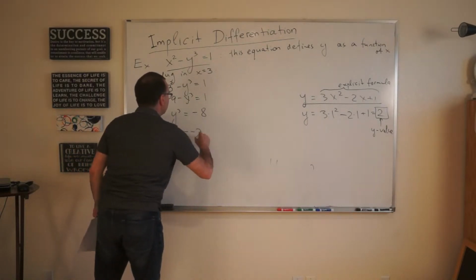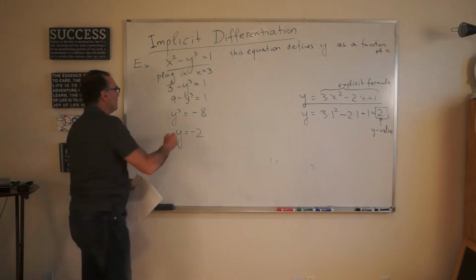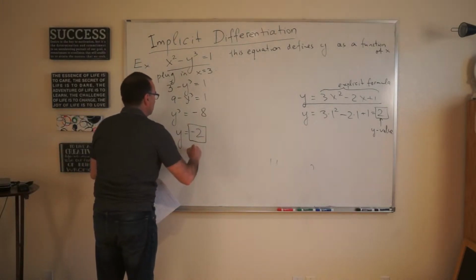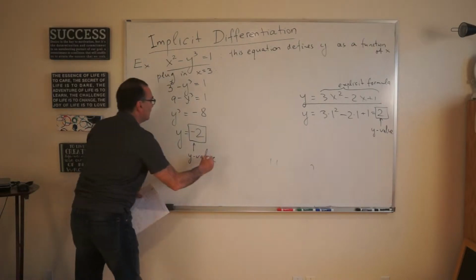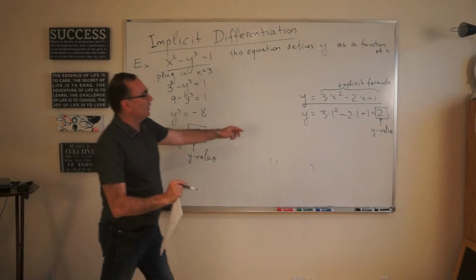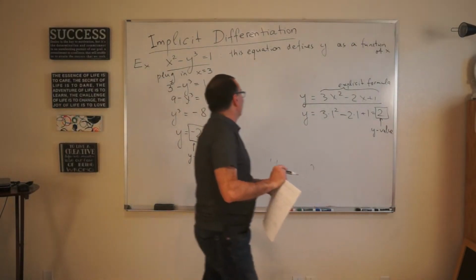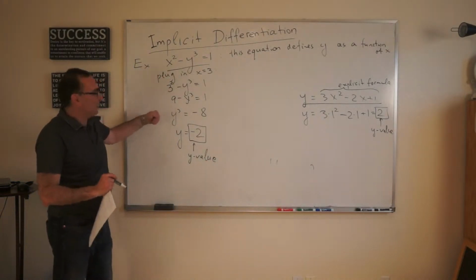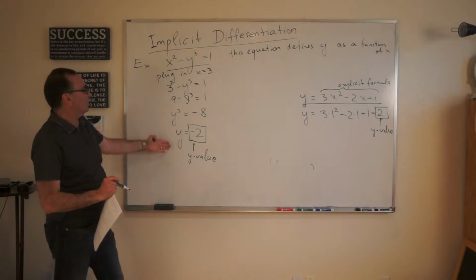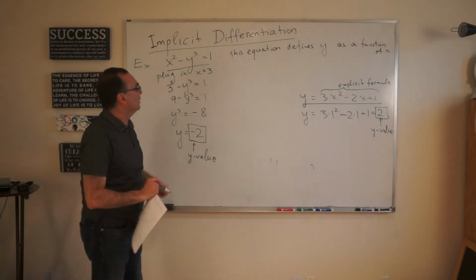So we can still find the y value for this function, or the function value. However, it's not just plugging into a formula like here, it's rather solving an equation. So it takes some work to actually figure out the value of the function when you plug in the x value.